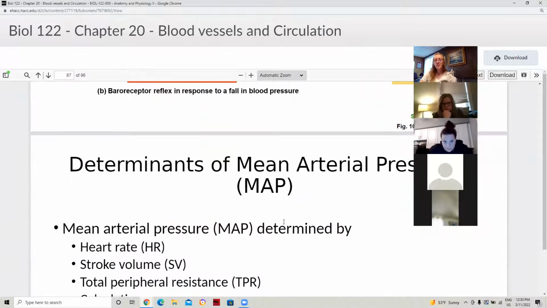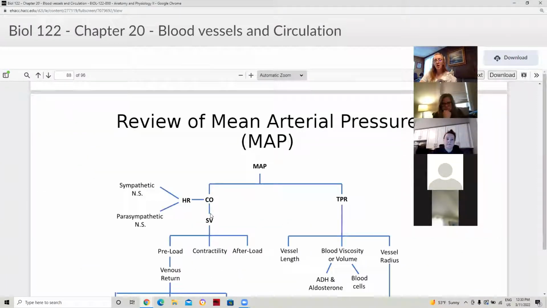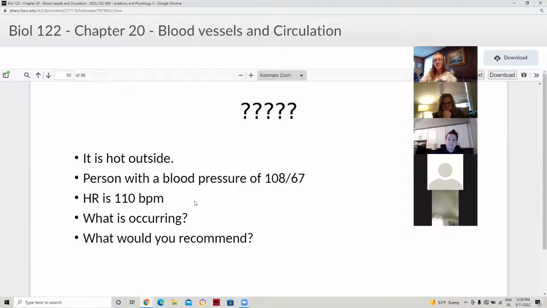Unless all of a sudden they lost a lot of blood vessels, which I'm guessing they didn't, the only thing that's going to be affecting them most drastically is blood volume.